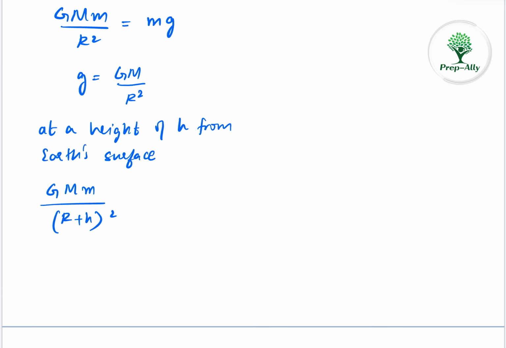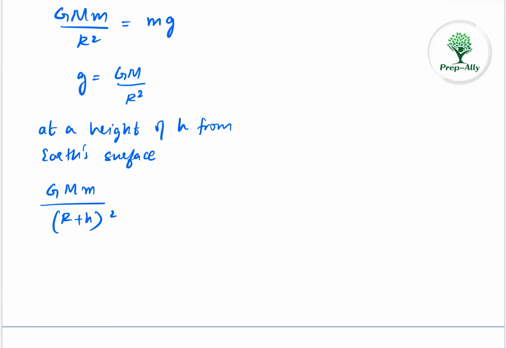But then g we just found out is GM by r square. So let's substitute that. This is half of GM by r square. This GM gets cancelled. We are left with r plus h whole square is 2r square. So we can rearrange these terms.